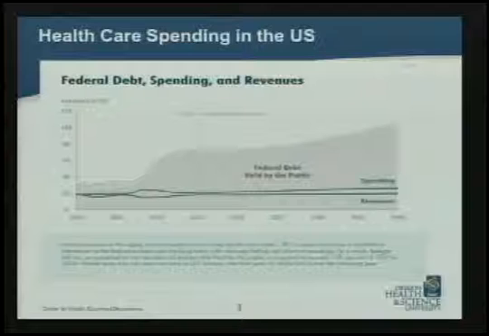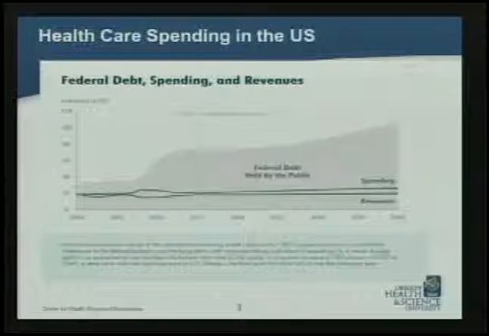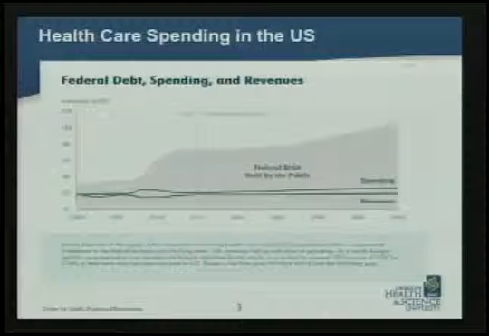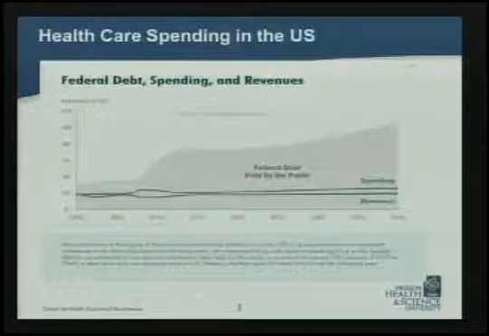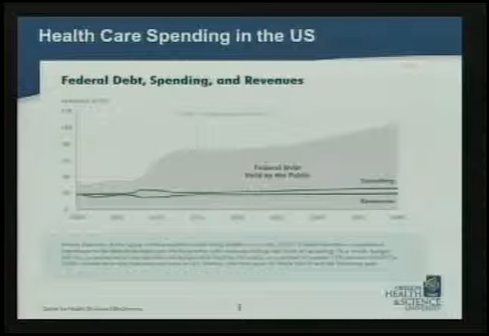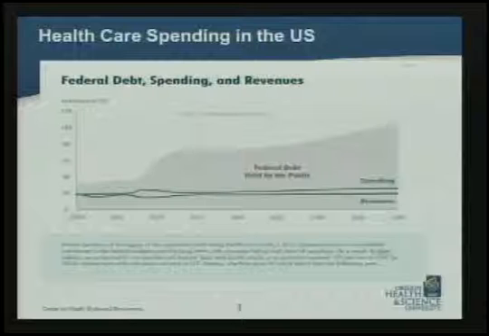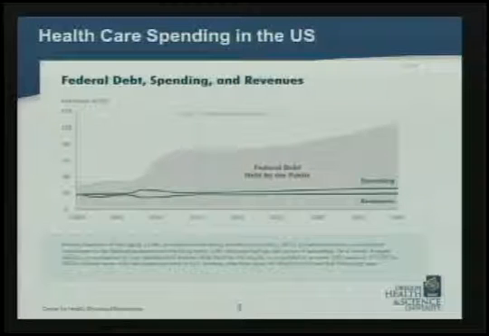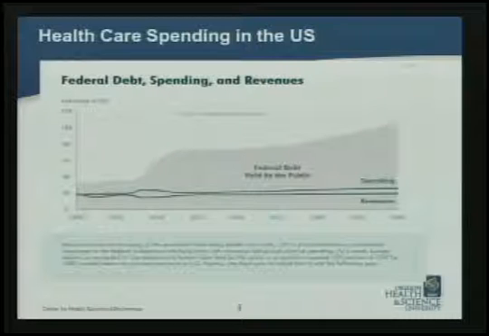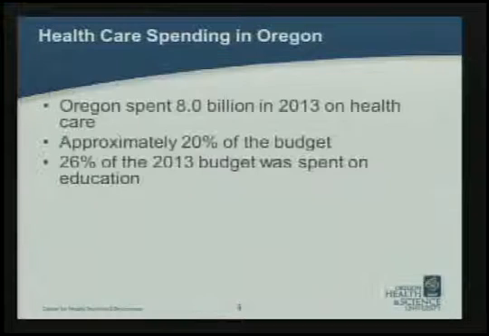You can see in 2008, government spending goes up as part of the stimulus bill and the bailout. And you can see the CBO projections going out into the future. That gap between the amount the government is spending and the amount we take in revenues is only increasing over time. So nationally, healthcare spending is a really big deal. We should probably try and think of ways to deal with this issue.